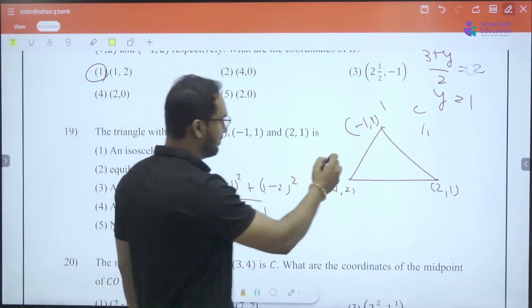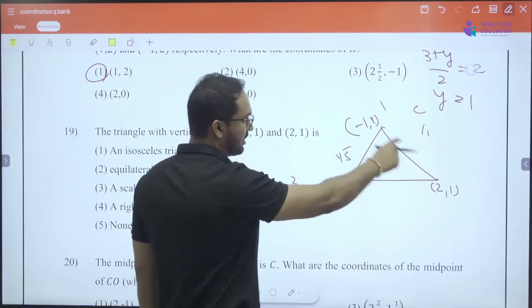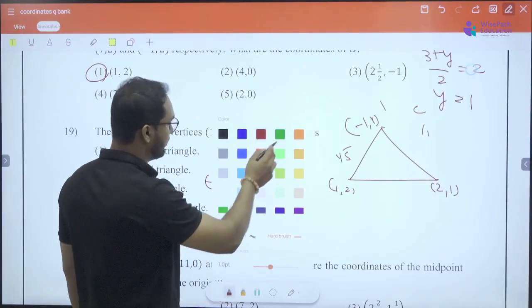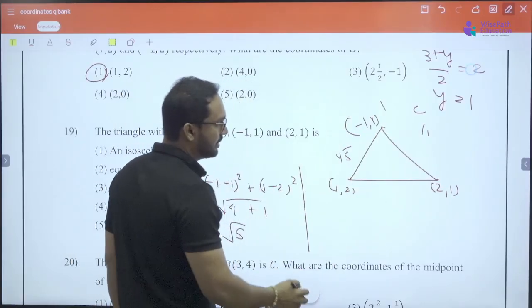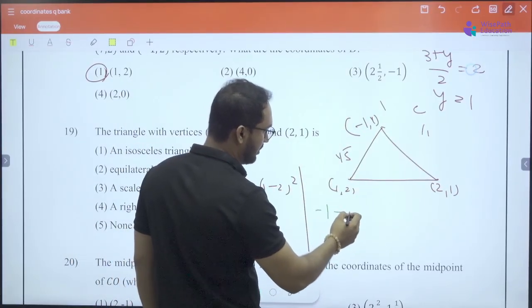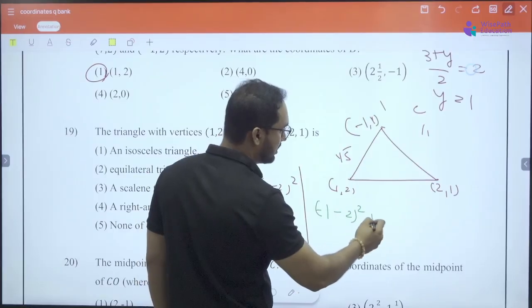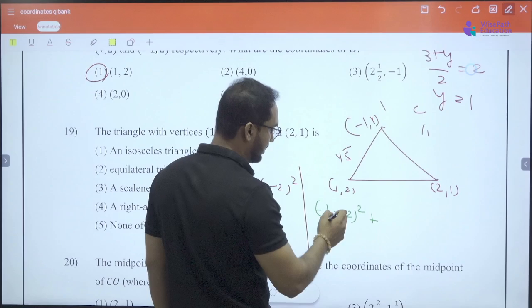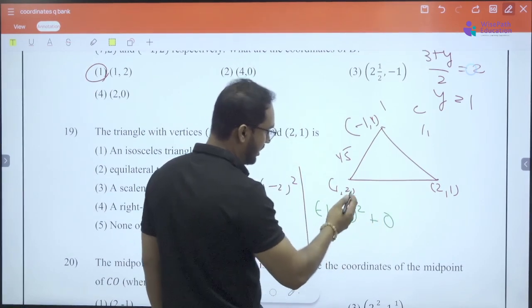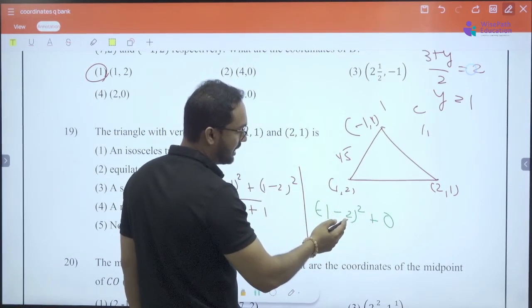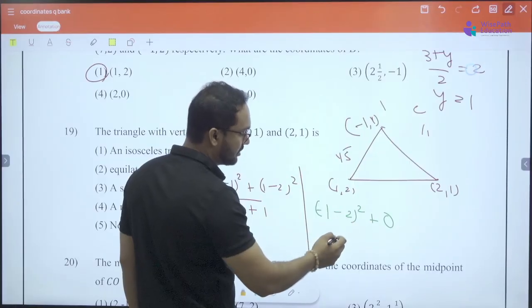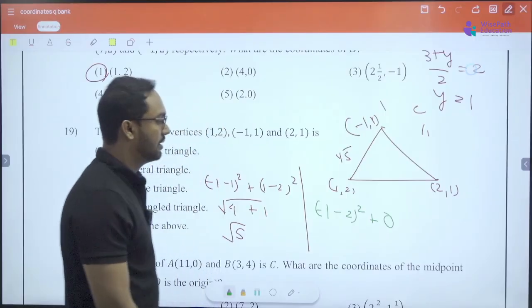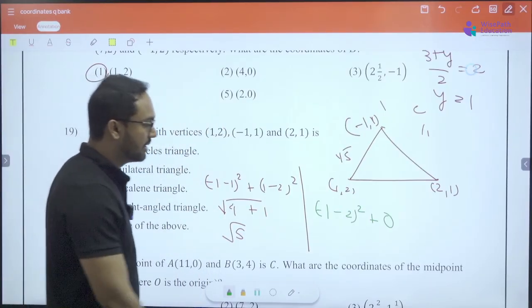This one is root 5. Put the next one in a different color. That gives -1 minus 2 squared plus 1 minus 1, that is 0. -3 squared is 9 and the square root of 9 is 3.